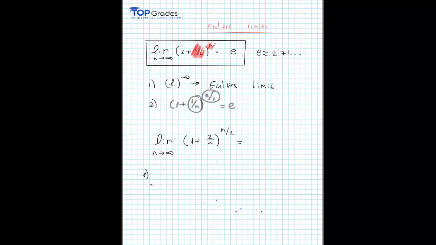If we put infinity inside, we see it's 1 in a power of infinity, because infinity divided by 2 is always infinity, and 1 plus something that goes to 0 is 1. Second, I observe that this term and this term are opposite to each other. If these two conditions exist, that means the limit of this will be e.